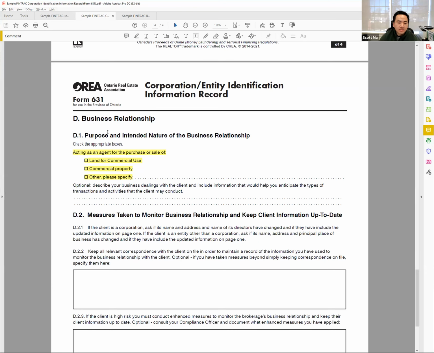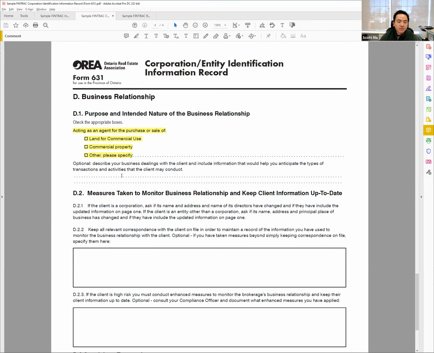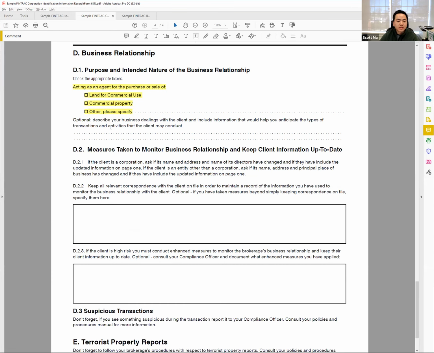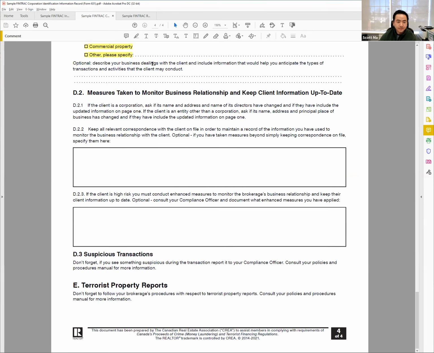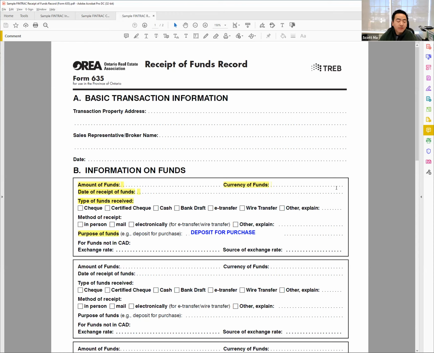And for the corporate ID record, you need to fill out this section as well. So what's the purpose and nature of the business relationship, and what measures you are taking to monitor that business relationship.